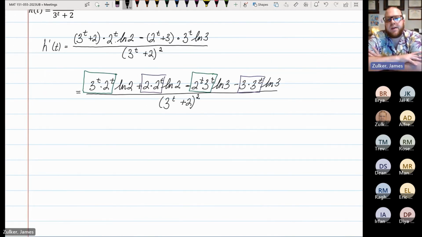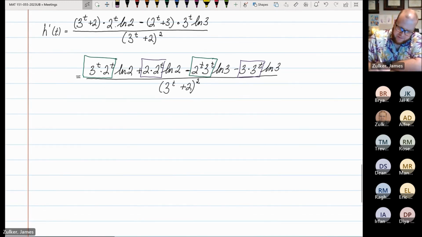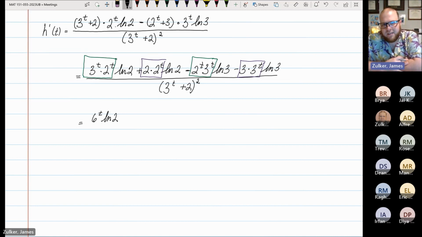That allows me to simplify 3 to the t times 2 to the t. That's 6 to the t. Two times 2 to the t and 3 times 3 to the t are 2 to the t plus 1 and 3 to the t plus 1 respectively.